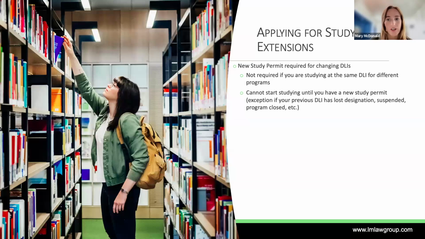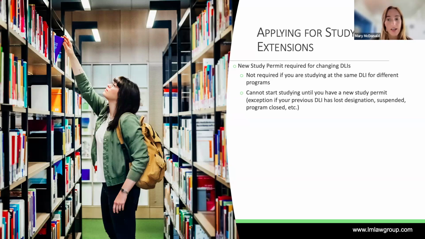If you're finishing one program at your school and then you're planning to start another program at the same school, as long as your study permit is still valid, you can continue studying on the same permit as long as you're attending the same DLI.